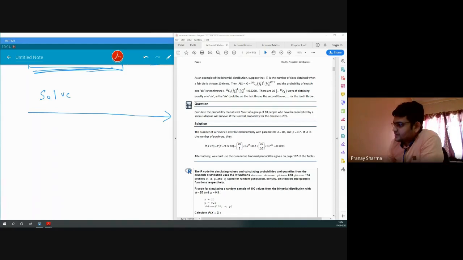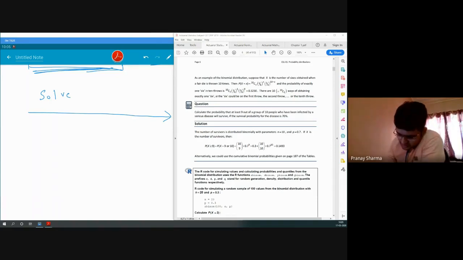So the first sum: calculate the probability that at least 9 out of a group of 10 people who have been infected by a serious disease will survive, if the survival probability of the disease is 70%.